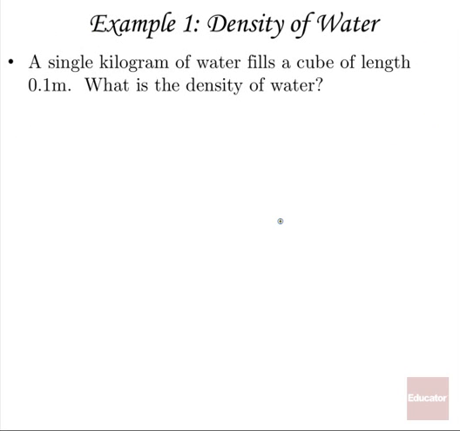Let's take a look at an example with the density of water. A single kilogram of water fills a cube of length 0.1 meter. What's the density of the water? Well, we've got our cube of water, and the length of each side is 0.1 meter. What's its density? Well, density is mass divided by volume.